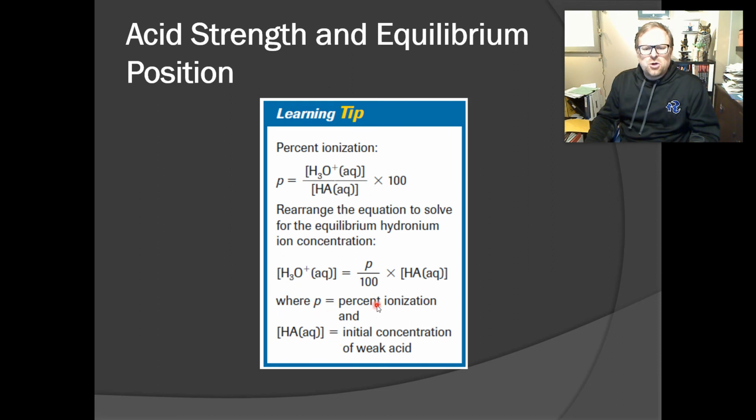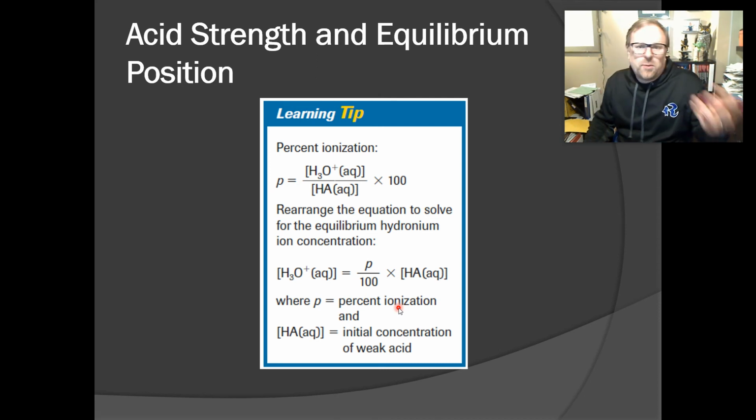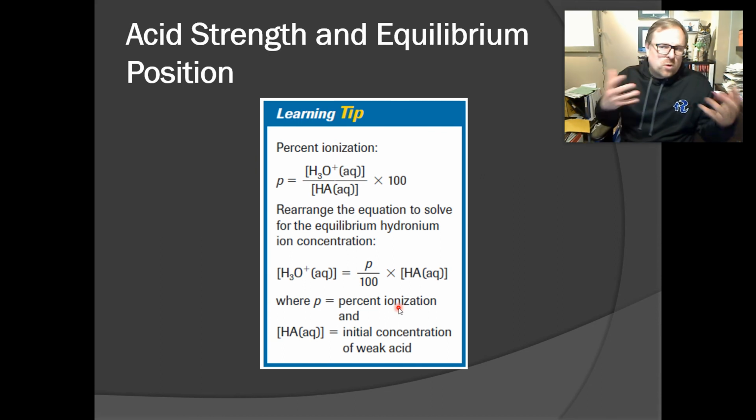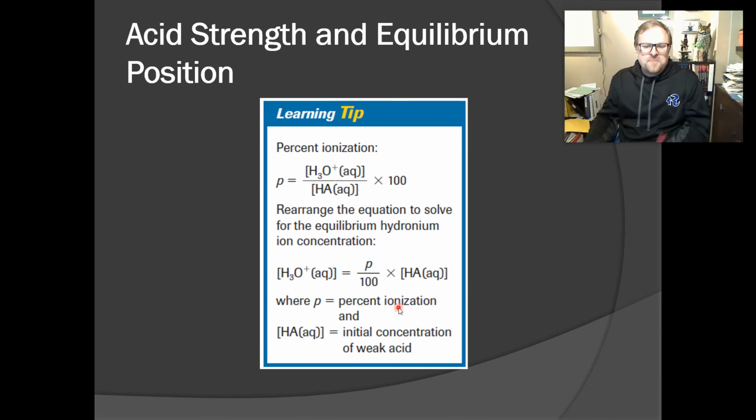Remember, P here means percent ionization. So how complete is the reaction? Is it 99.9%? Is it 1.3%? It's basically communicating to us how much of the strong or weak acid has been converted into hydronium ions. Is it 99.9% have been converted to hydronium ions, or is it 1.3%, or whatever number we're playing with, okay?